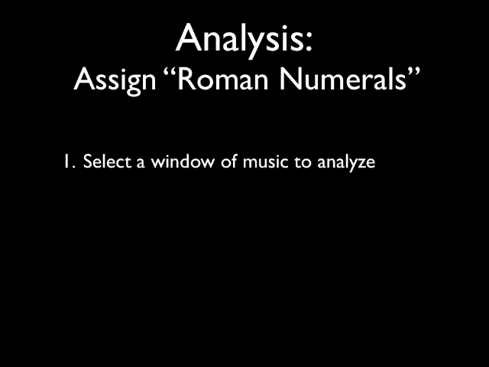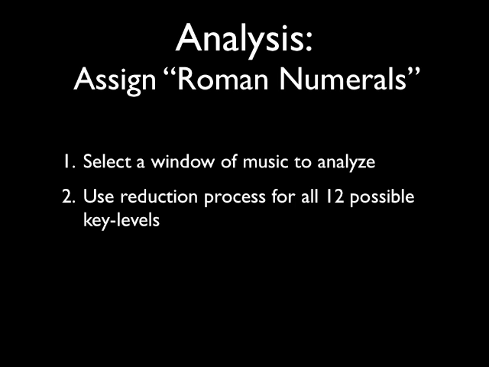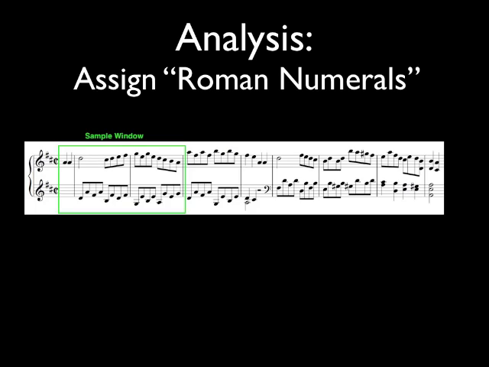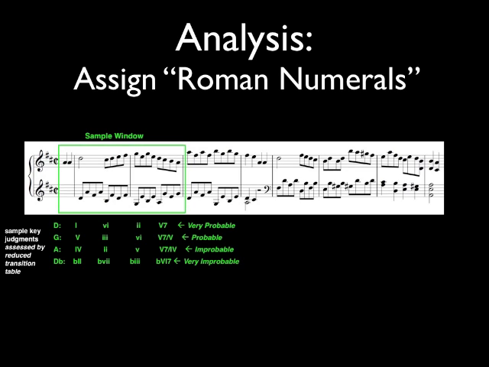So we're going to select a window of music to analyze. We're going to use the same reduction process, but we're going to do it for all 12 possible key levels, and then choose the key that assigns the window the most frequent, that is most probable, chord progressions. So if we take this sample window here, you'll notice that D goes 1, 6, 2, 5, 7, and that's very probable compared to what happens in, say, A, which is 4 to minor 5, or what happens in D flat, which is basically nonsense.